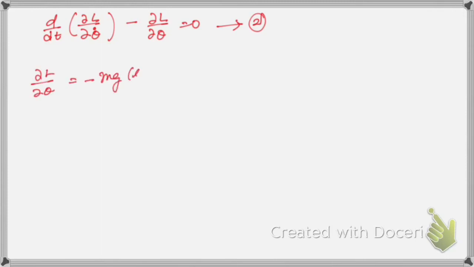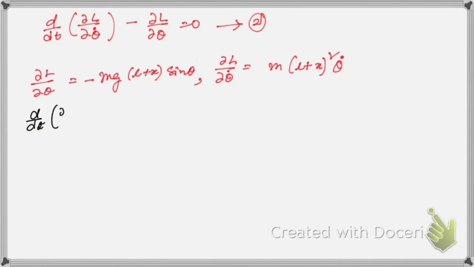Okay, so let me write the Lagrange equation first. This is equation number 2, written again. Del L by del theta is this one, which we have already got, and del L by del theta dot is this. Now let's find d by dt of del L by del theta dot.